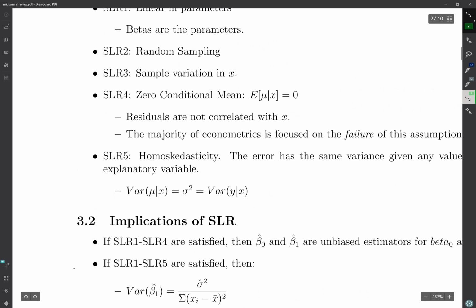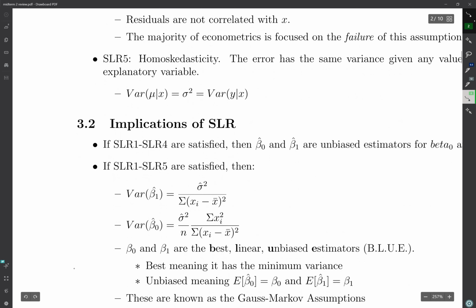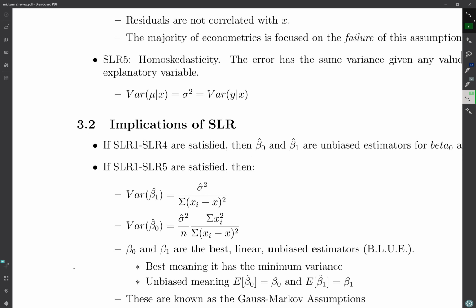Sample variation in x. Basically what we need this to happen, because if we see down here, if x did not change, then x bar, which is the mean of all the x's, would be the same as all these xi's, and so the sum would be 0 squared added together a whole bunch of times, and 0 added a bunch of times is just going to be 0, and our denominator can't be 0, right?